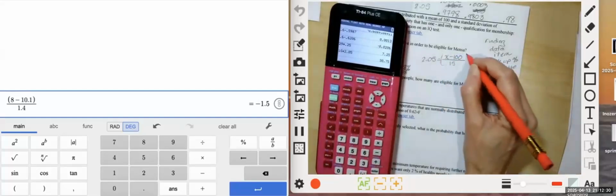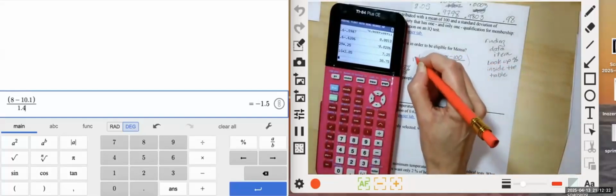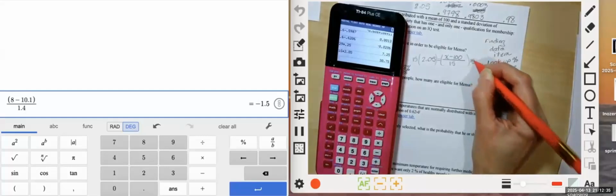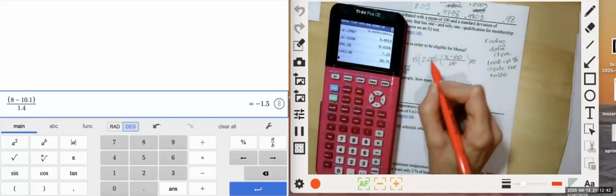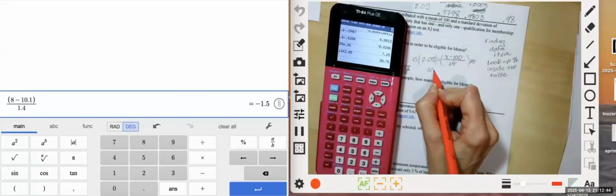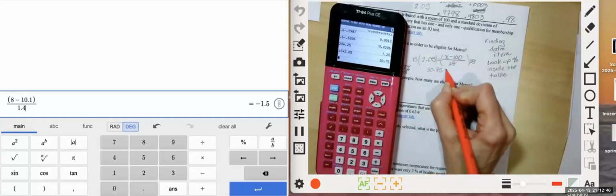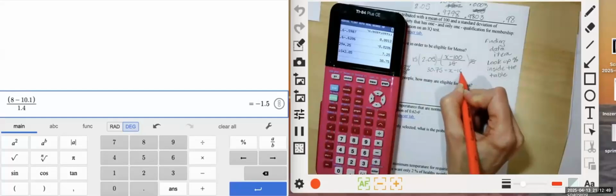Okay, so how do I solve this? So you're going to multiply the 15 on both sides? Yes, don't say it like a question. You know it. I'm skeptical every time. So we multiply both sides by 15 to get rid of that 15. And 15 times 2.05 is 30.75 equals x minus 100.